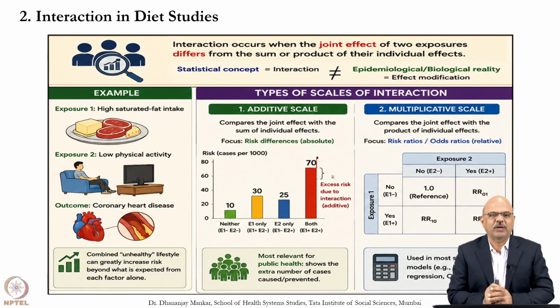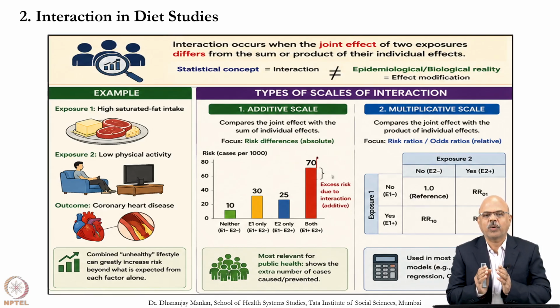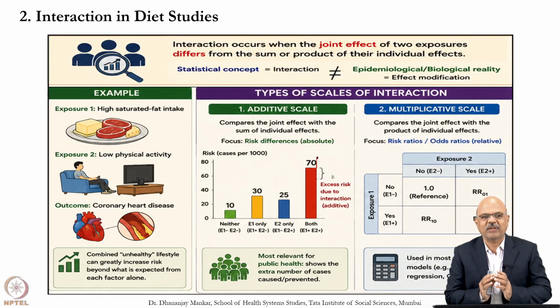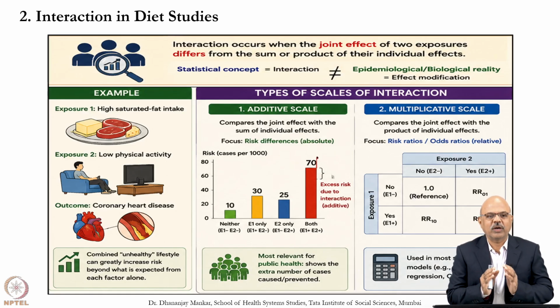Interaction in diet studies. Interaction occurs when the joint effect of two exposures differs from the sum or product of their individual effects. The equation: the statistical concept is equal to interaction, followed by the epidemiological biological reality, which is equal to effect modification. You may see an example of high saturated fat intake and low physical activity.